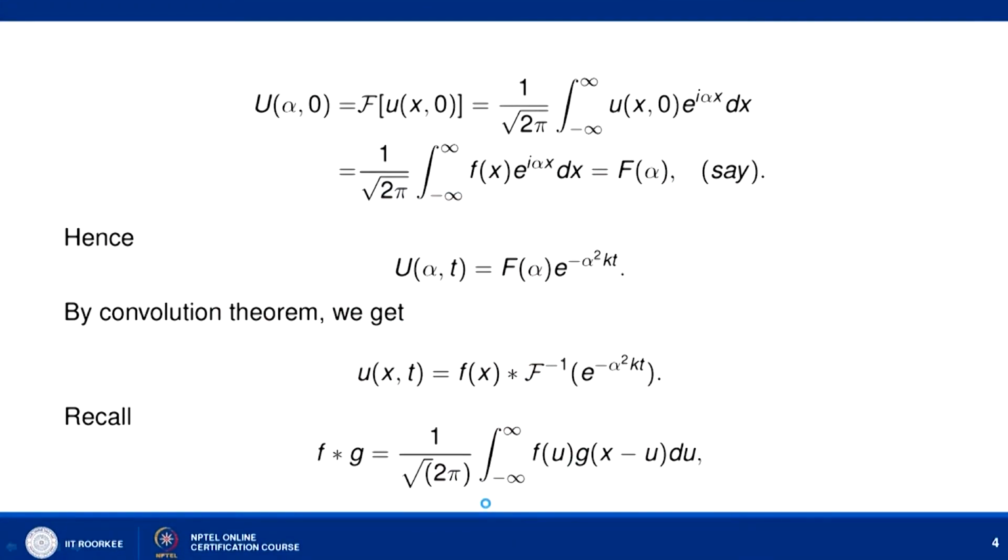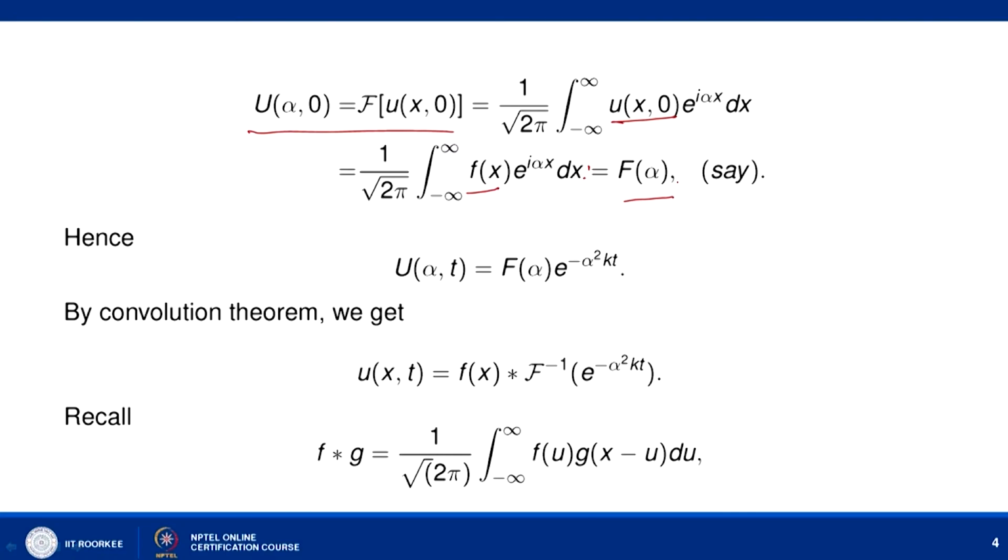So let us write u alpha 0 as the Fourier transform of u(x,0), that is 1 upon root 2 pi times the integral from minus infinity to infinity of u(x,0) e to the power i alpha x dx. Now let us denote this quantity as f of alpha. So we are writing 1 upon root 2 pi times the integral of u(x,0), which is f of x, e to the power i alpha x dx.